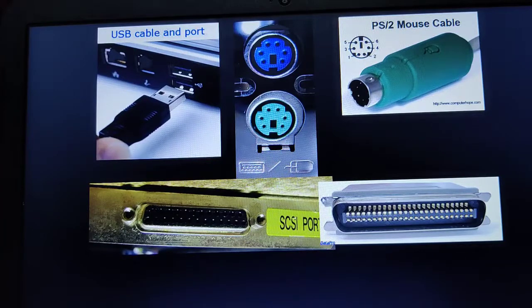And usually these SCSI ports are very fast in data transfer rate compared to all other ports, and they come with 25 pin or 50 pin connectors. They are expensive because they are very fast in data transfer rate. So these SCSI ports are very much expensive when you compare them with any other ports.